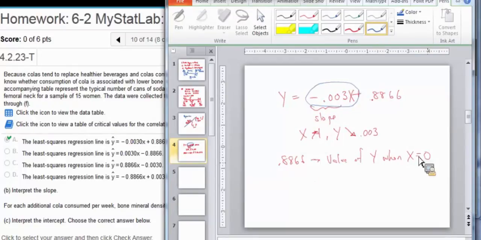So what we need to do is to figure out what x equals 0 means. X is the number of colas. X equals 0 means this woman drank no colas, or drank 0 colas. So does that make sense? Yes, there are people who drink no colas.